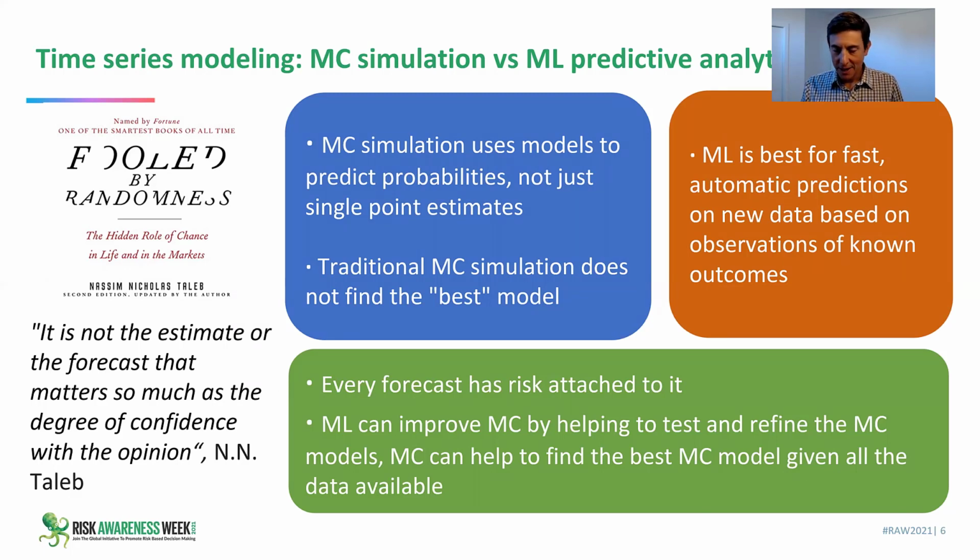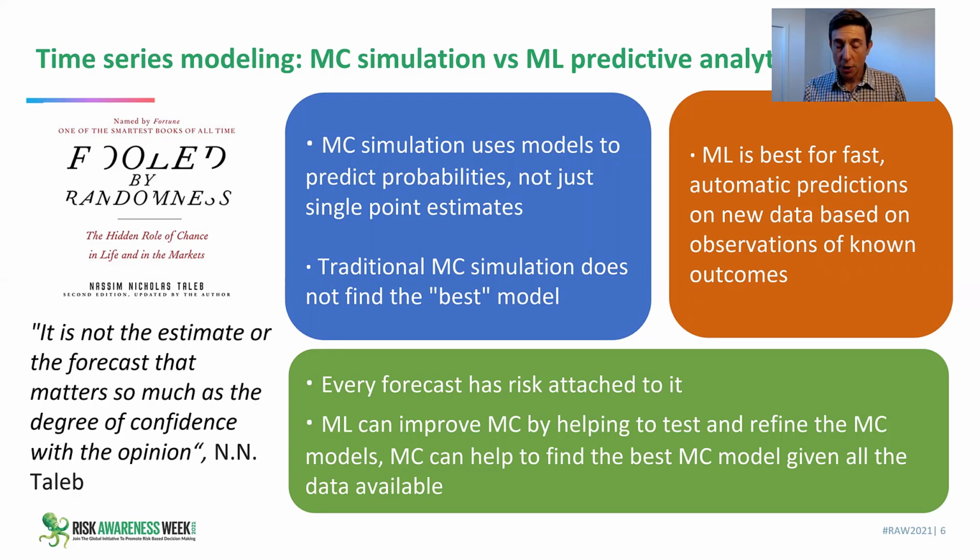I know that a decision maker will ask you for a number: give me that number that I need to know. As risk analysts, we need to make sure that uncertainty is captured in our deliverables. And as Nassim Taleb explained, it's not the forecast that is relevant, but the degree of confidence around that forecast.